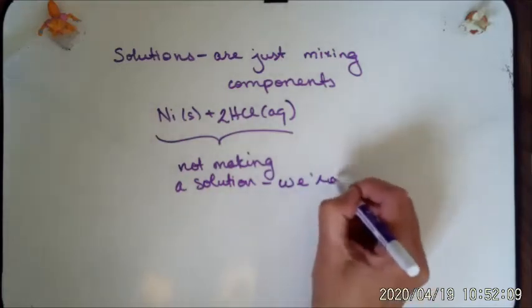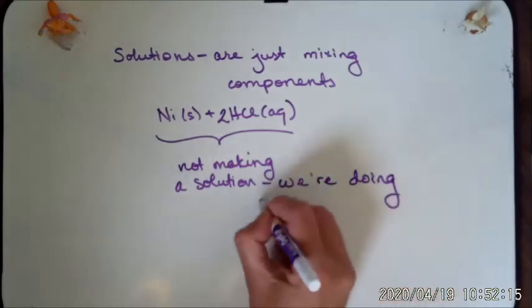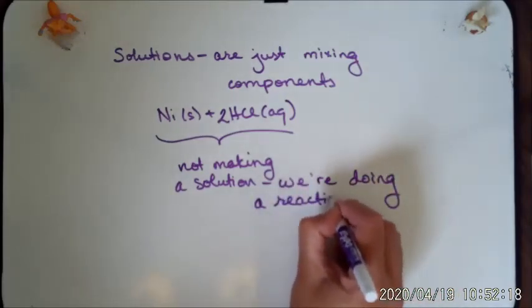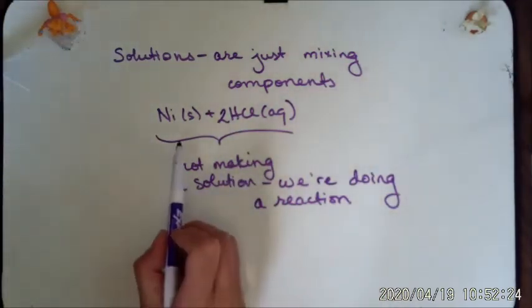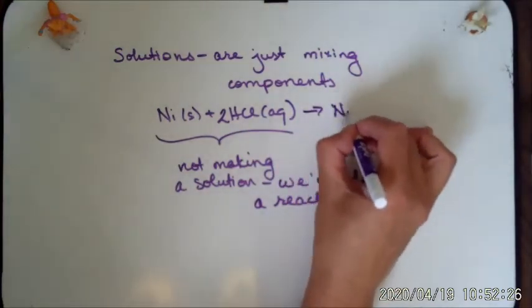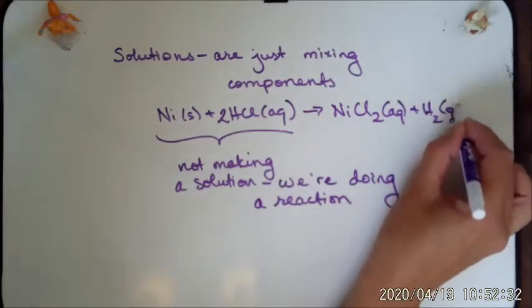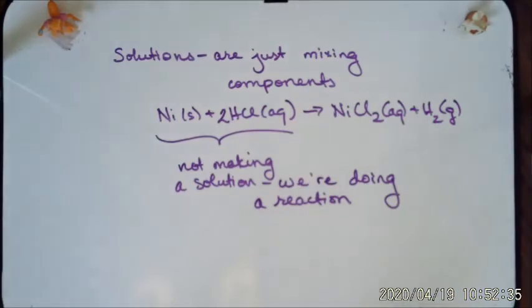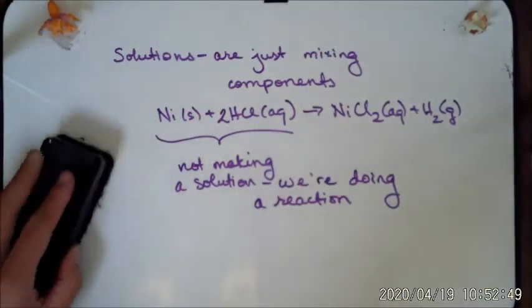Just going back to your definitions, remember in a solution, a homogeneous mixture, you can get back your initial components through physical separation. If I do this, and I form nickel(II) chloride and hydrogen gas, I'm just doing a chemical reaction because I'm changing my substances. Your textbook talks about it because they just want you to be aware that while it looks like my nickel's dissolving, it's actually reacting and not just dissolving in water.